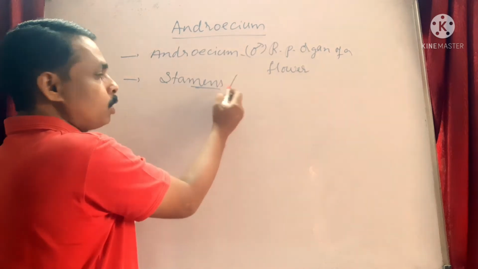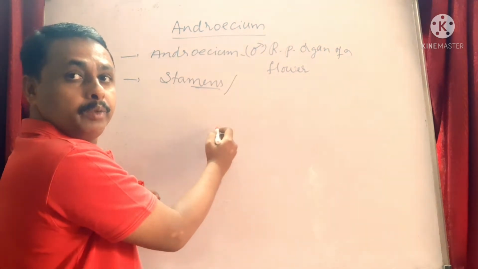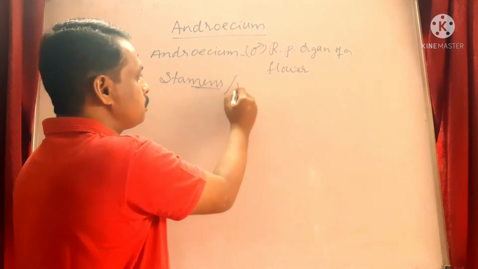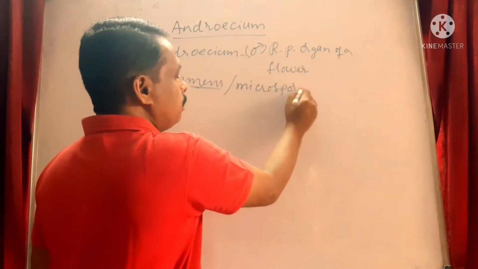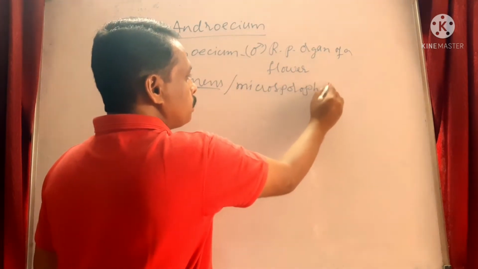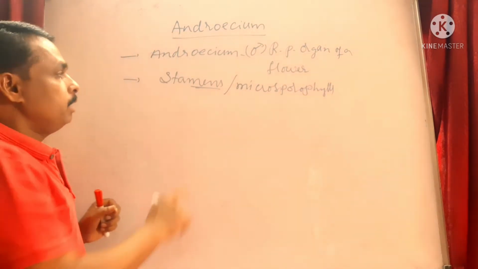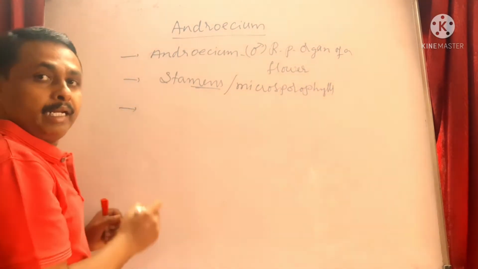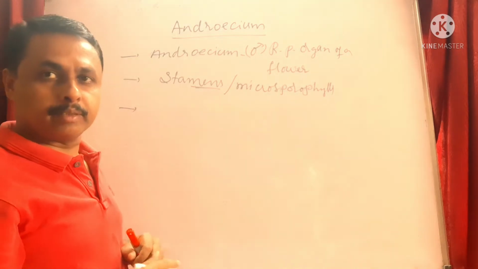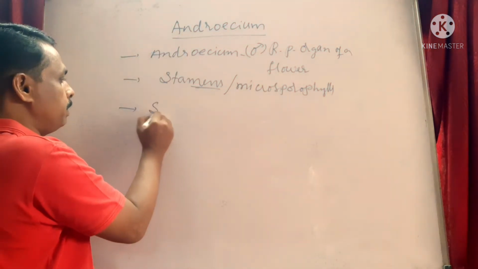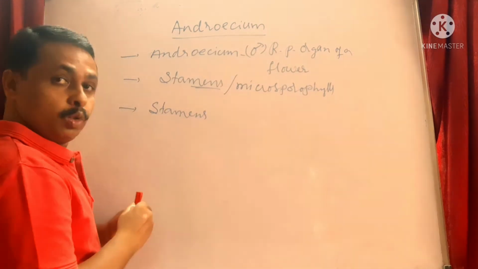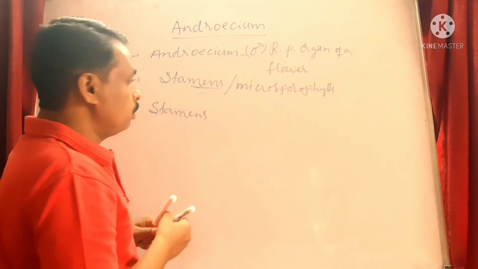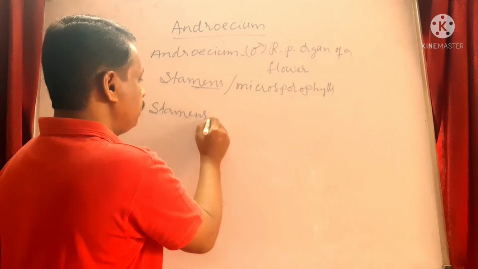Stamens are otherwise called microsporophylls. Each stamen has mainly two structures present.